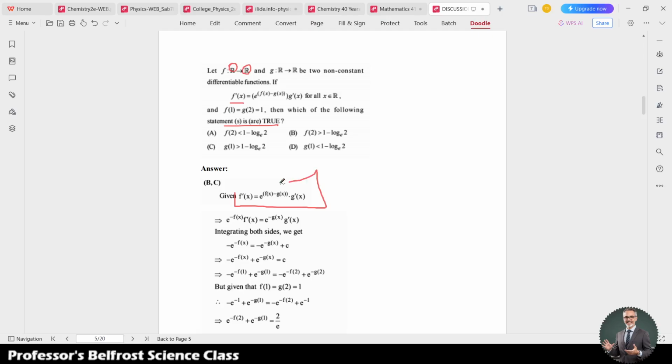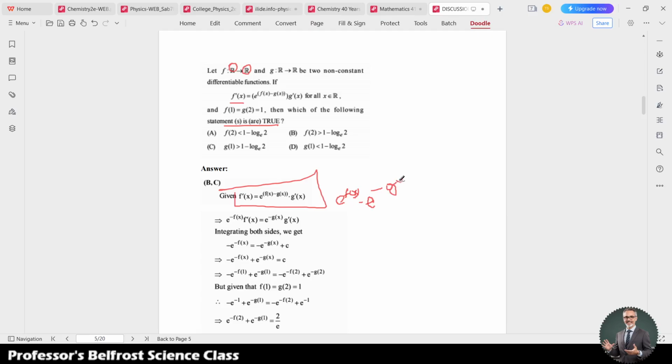Okay, so yeah, the derivative of f(x) equals this form. So actually, you can try to move. Because actually we can break this to be like this, right? e^f(x) times e^(−g(x)), right?